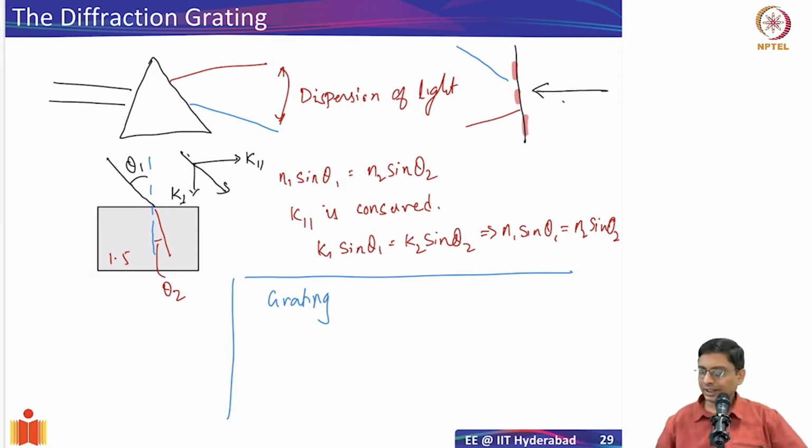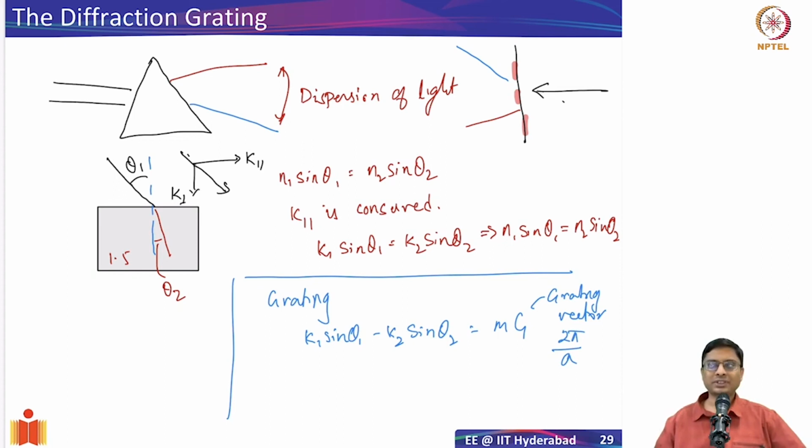So let's say k1 sine theta 1, I'll take the difference in the momentum, k1 sine theta 1 minus k2 sine theta 2 should be equal to m times g, where g is the grating vector, which is simply 2 pi by the periodicity. In this case, my periodicity was a, so 2 pi by a. Whenever you have such a scenario satisfied, you can have the diffracted or refracted wave.